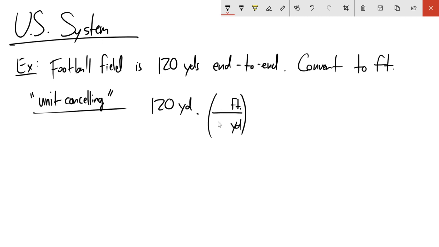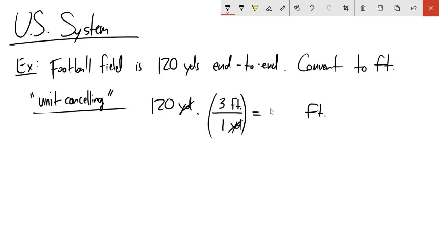So for yards, what do we know? We know that 3 feet make 1 yard. The fraction actually tells you whether you should multiply or divide to make the conversion. Because here, yards divided by yards, the units cancel out. So the only unit you're left with is feet.